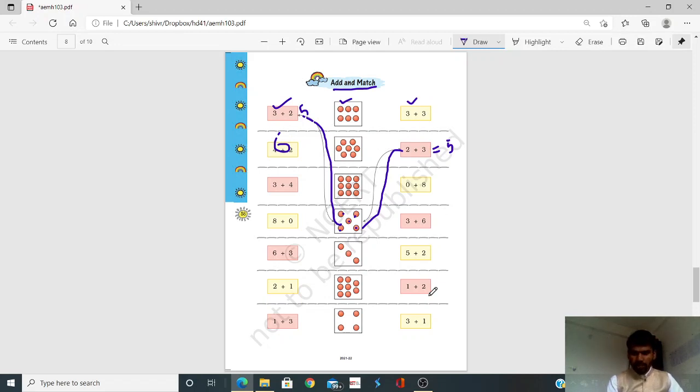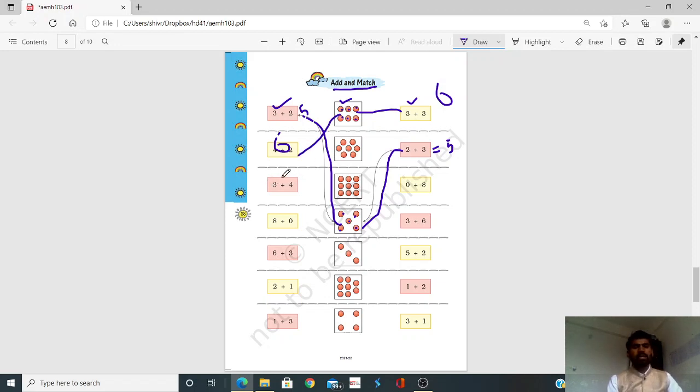Here you can see 3 plus 3 is equal to 6, right? In which box can you see 6 circles? Here you can see 6 circles, 1 2 3 4 5 6. Join this line with these two boxes, right?